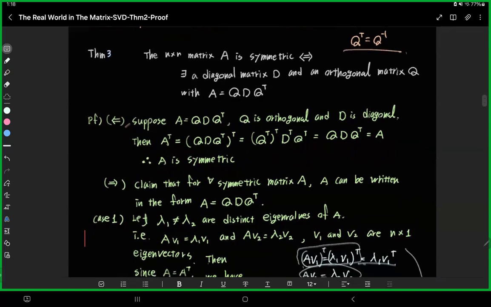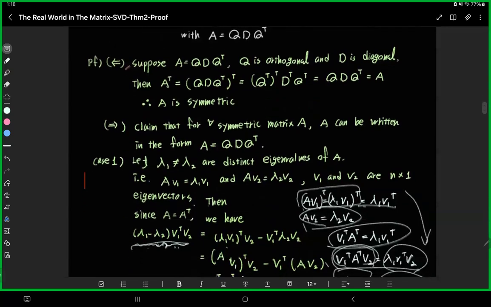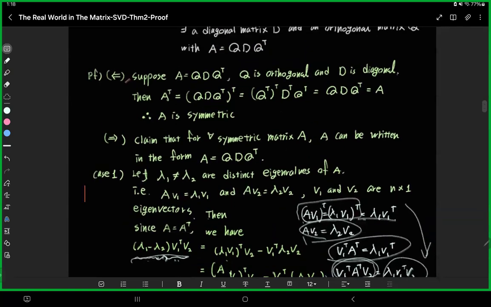Then we assume that A is symmetric. For any symmetric matrix, we claim that A can be written in the form A equals QDQ transpose. Definitely we can find the eigenvalues, right?